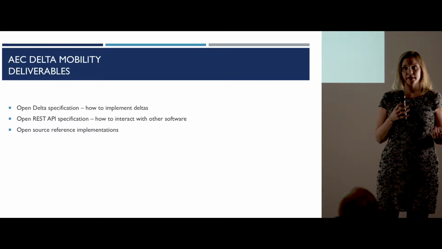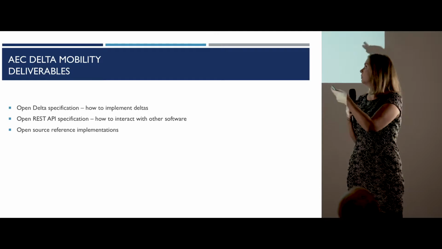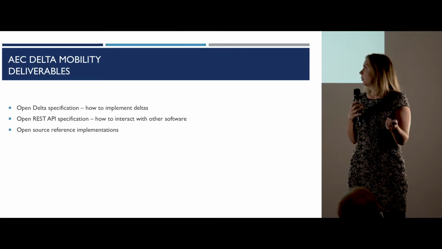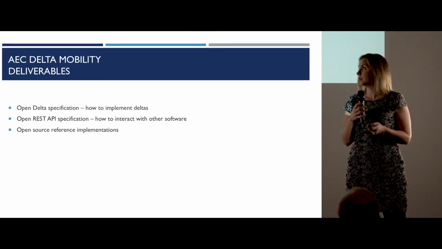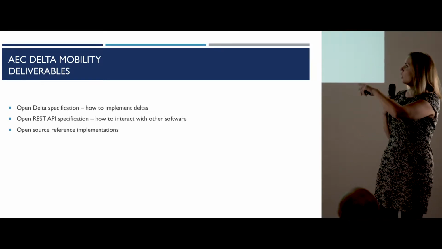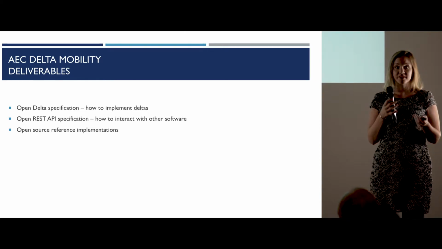So what we are delivering: open Delta specifications, essentially how to implement deltas. I will explain shortly what this is. An open REST API specification, essentially for interacting with different software, and also an open source reference implementation. So as you see, the open type of thing is very much emphasized in this project.